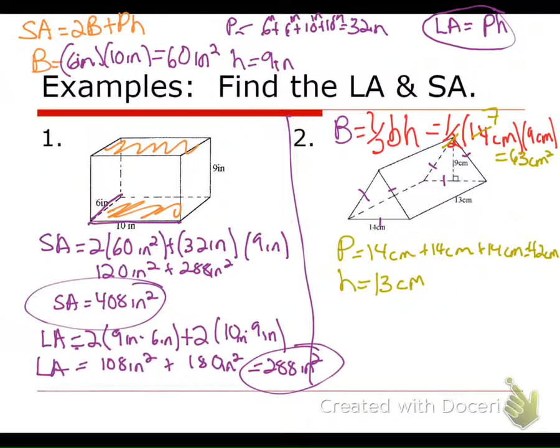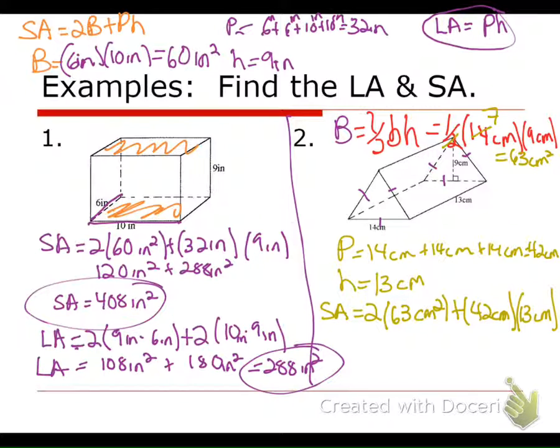So now we're once again plugging this into our formula. So our surface area equals 2 times our B, which is 63 centimeters squared, plus my perimeter of 42 centimeters times my height of 13 centimeters.